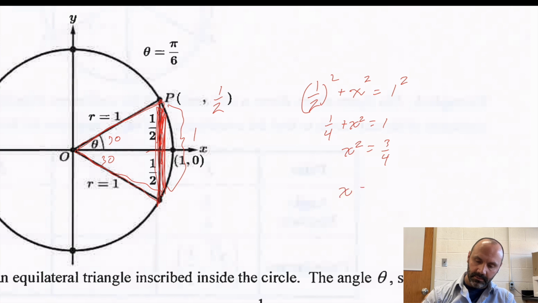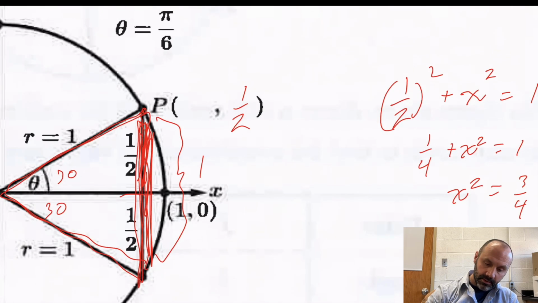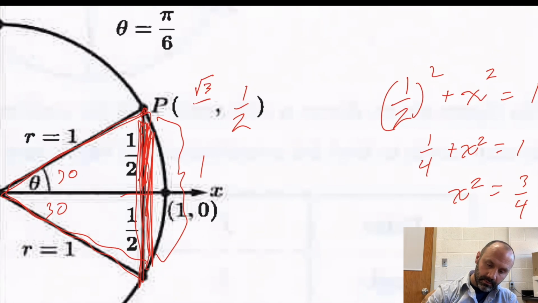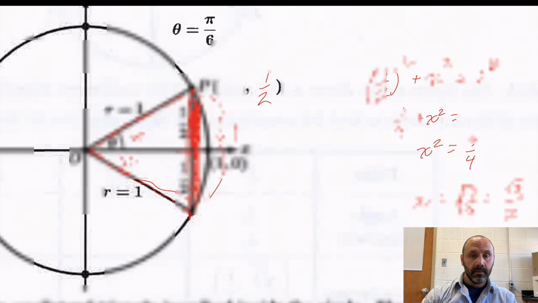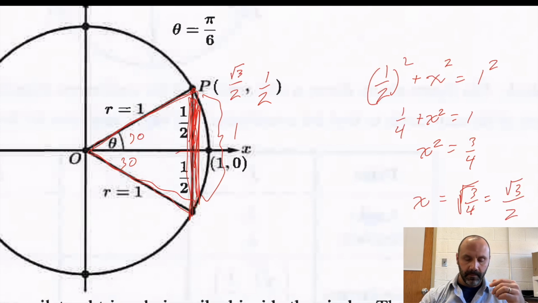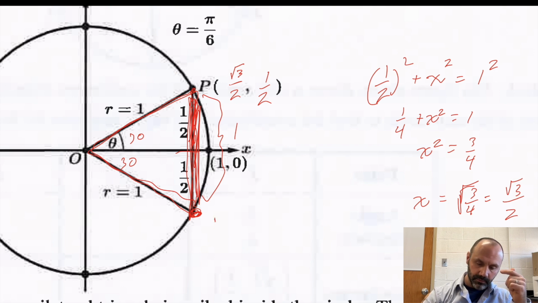And so x equals the square root of 3/4, which ends up being the square root of 3 over 2. Now I can use symmetry to know that the coordinates down here are also root 3 over 2. It's the same x-coordinate, but the y-coordinate is -1/2.